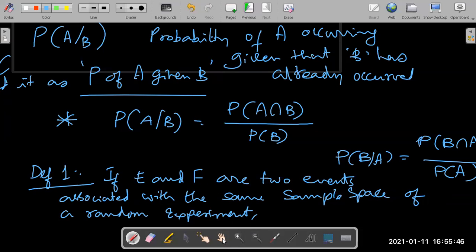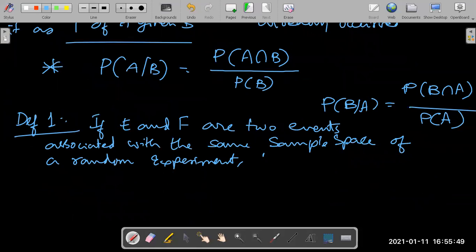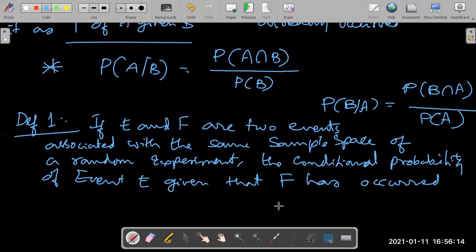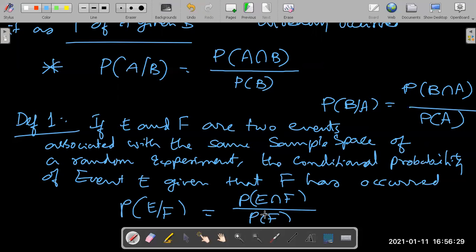the conditional probability of the event E, given that F has occurred, is given by P(E|F) equal to P(E intersection F) divided by probability of F. So this is the definition.